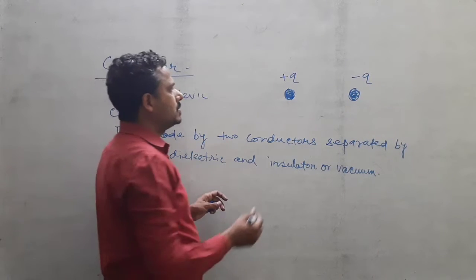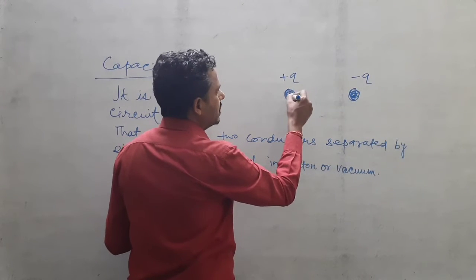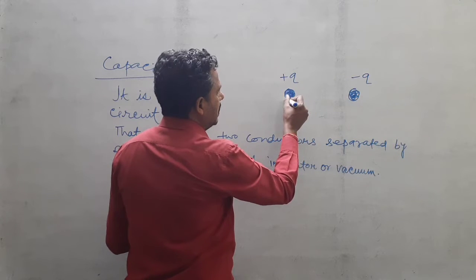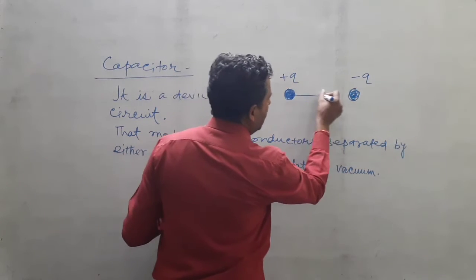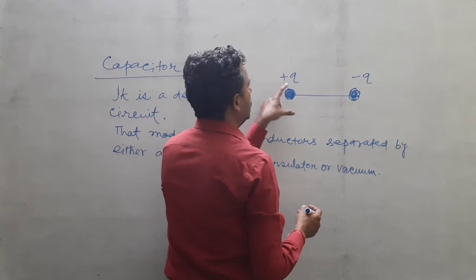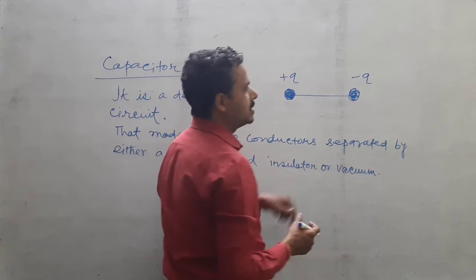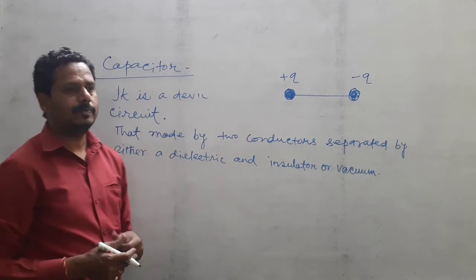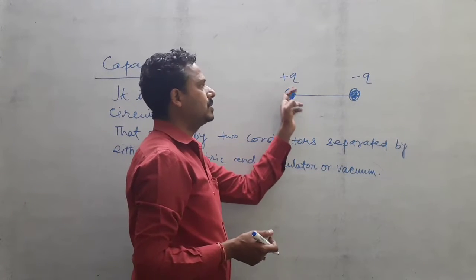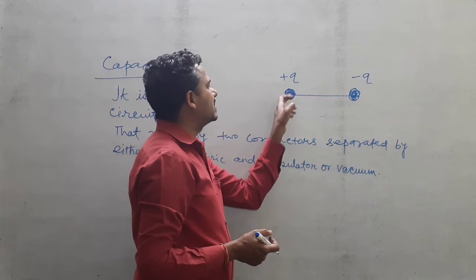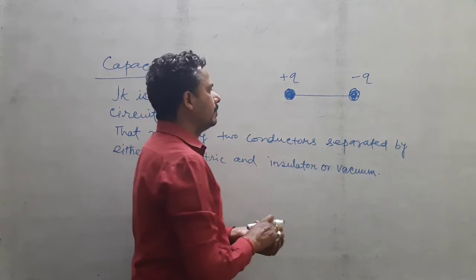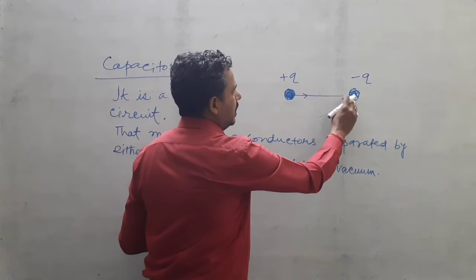So what happens is that this conductor reflects its electric field lines. Because the charge is spread on its surface and is positive, the electric field lines emerge out of the surface of this conductor perpendicularly outward.